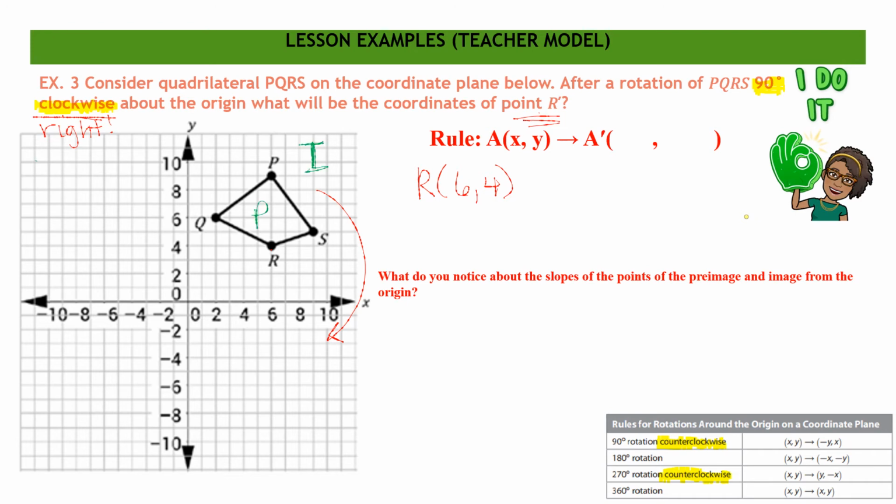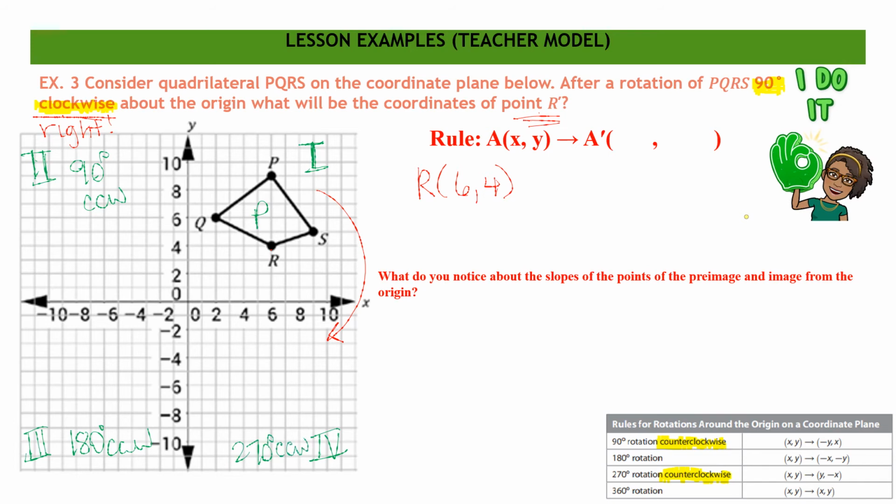If I move to quadrant 2, because remember, we always move in a counterclockwise position, quadrant 2 would be 90 degrees counterclockwise, right? But then if we move to quadrant 3, that would be 180 degrees counterclockwise. Remember, I'm trying to get to quadrant 4. So quadrant 4, remember from example 2, that was 270 degrees counterclockwise.